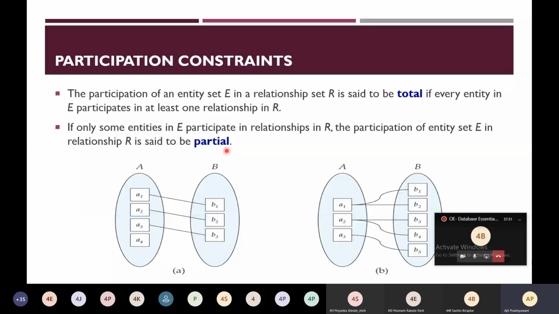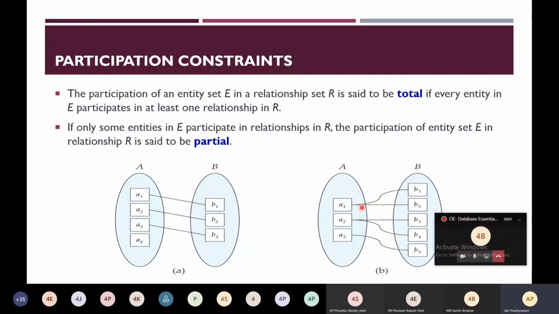Whereas in this example, A and B are 2 entity sets. There are 3 elements in entity set A: A1, A2, and A3. And these are the entities present in set B: B1, B2, B3, B4, and B5.